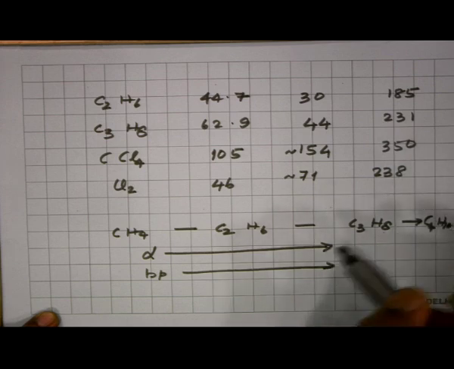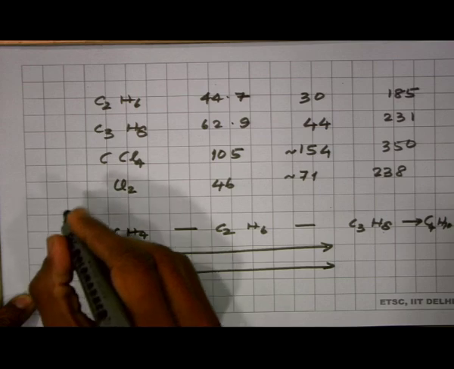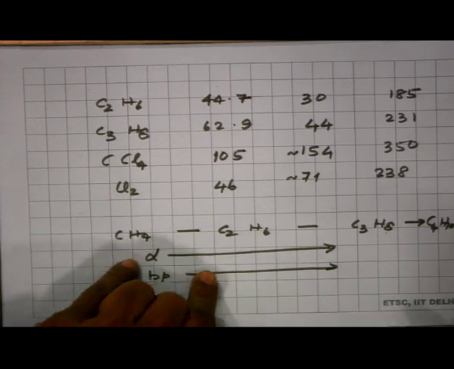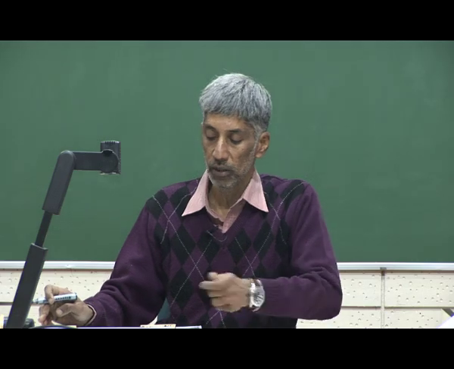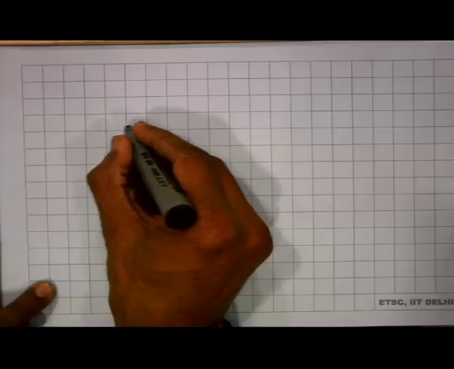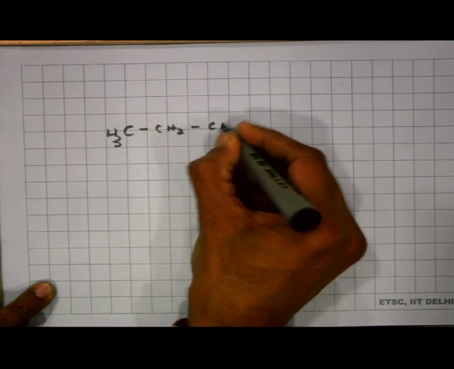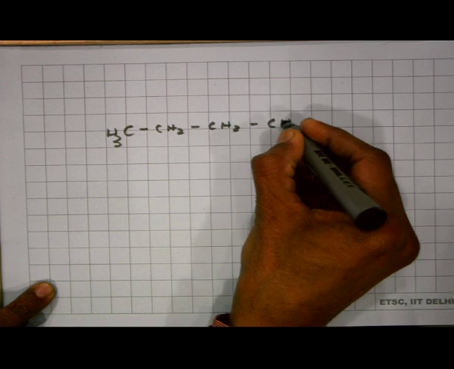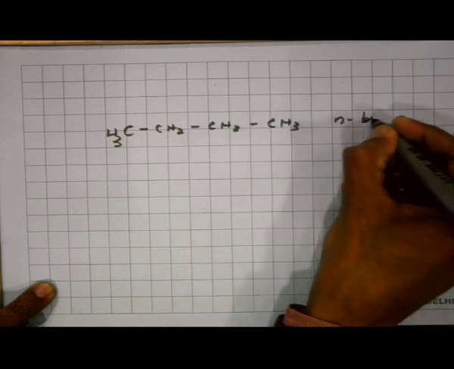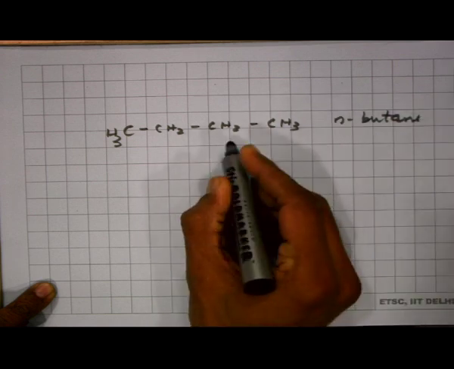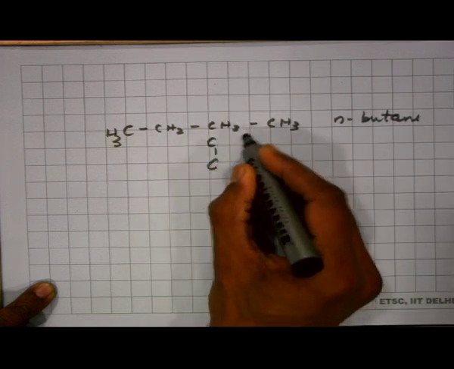Now, naturally you could ask, if I took C4H10, you could have more than one variety. So, you could have normal butane, this which is normal butane, or you could have this.